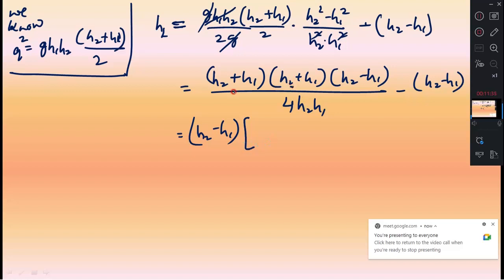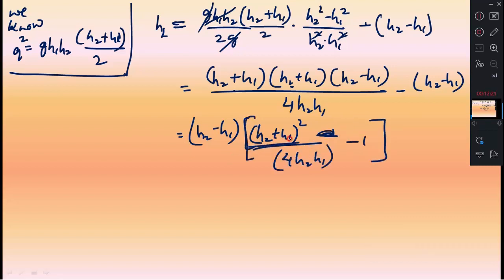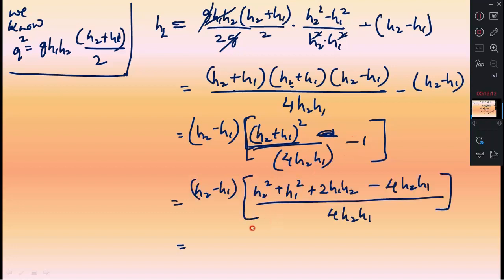These two terms are left, this one and this one. I can write whole square: H2 plus H1 whole square divided by 4 H1 H2, minus 1. Then H2 minus H1 as it is. Inside we will take the LCM. Look at it. H2 minus H1 I will keep as it is.